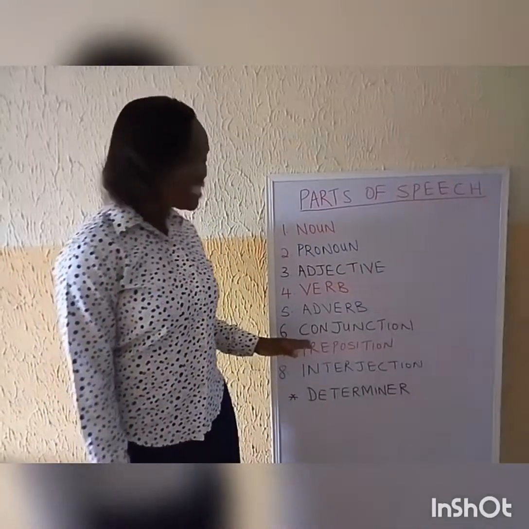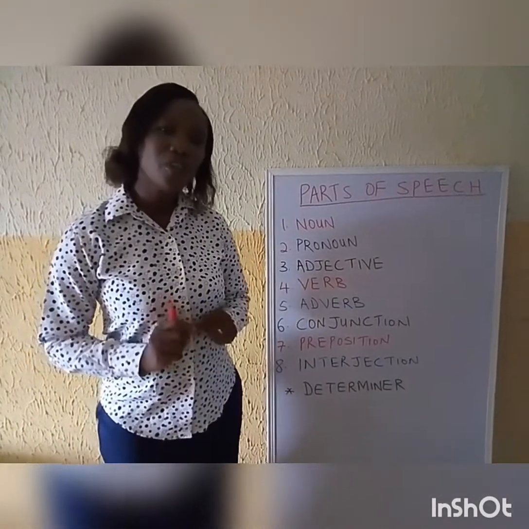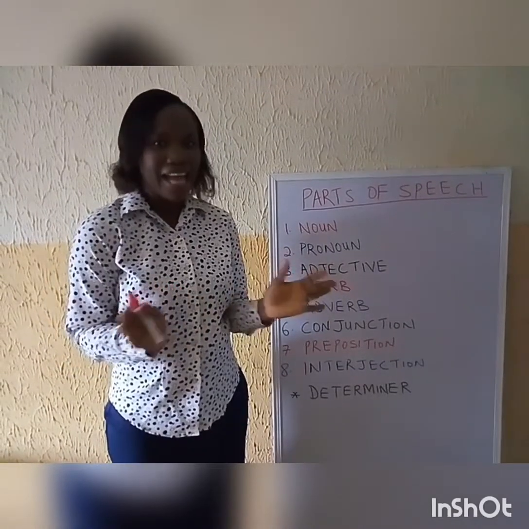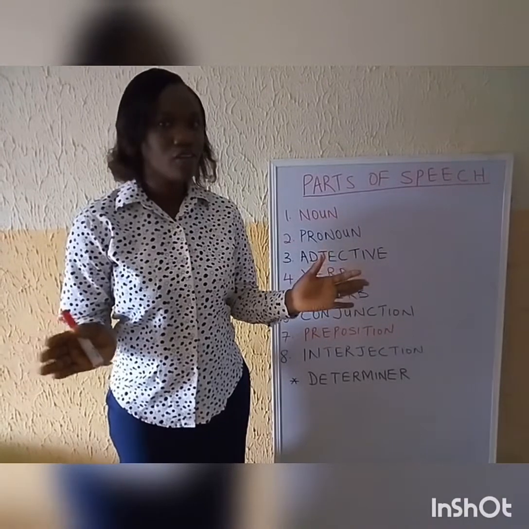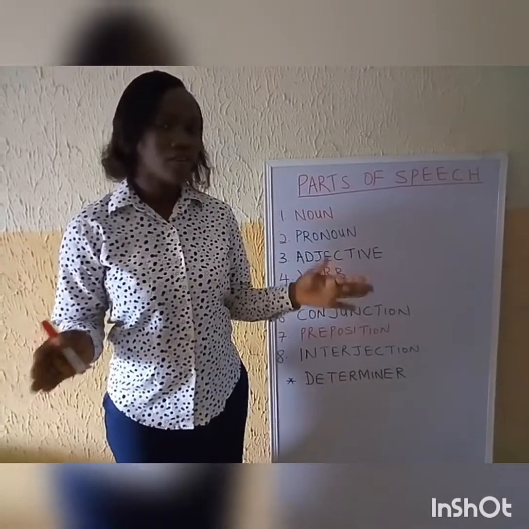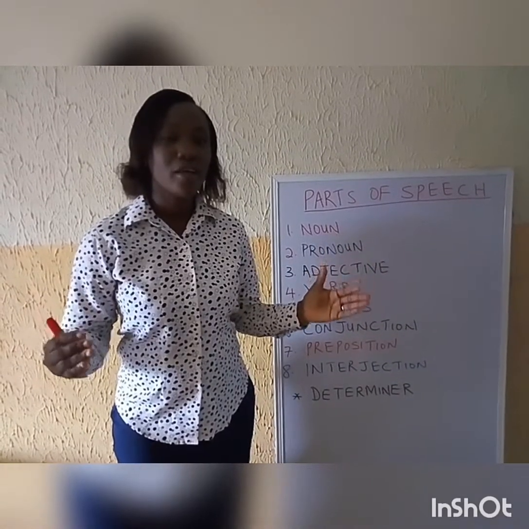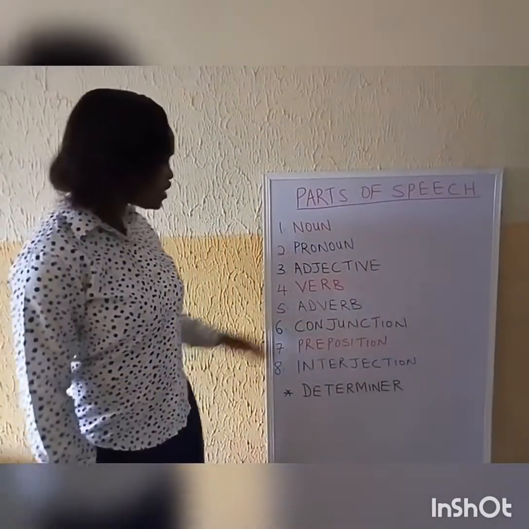The next one is conjunction. The function of a conjunction is to join words or clauses or sentences. In other words, conjunctions work by joining elements of speech. Okay, let's see an example.